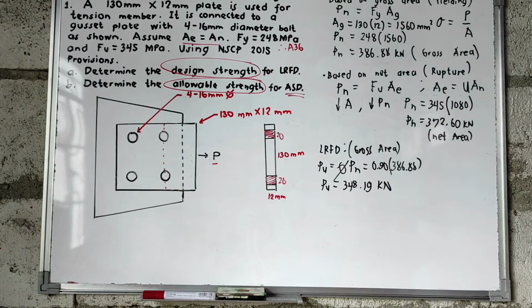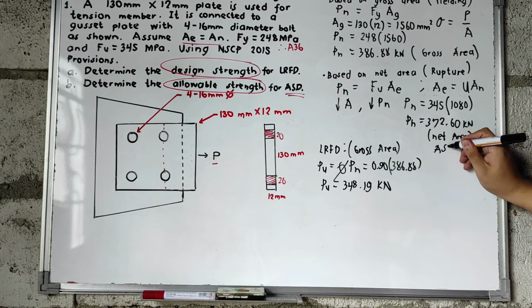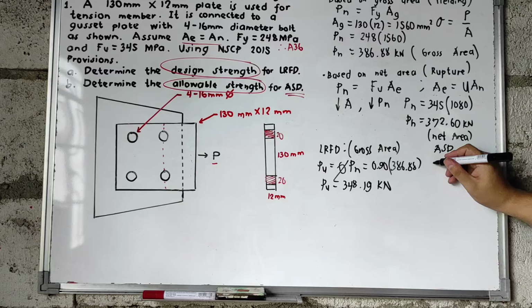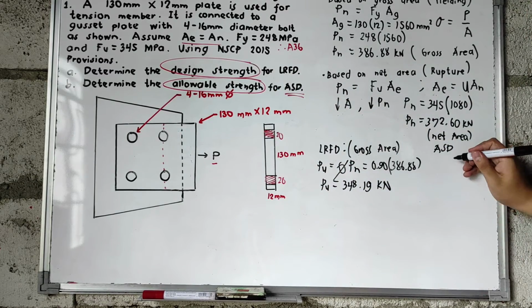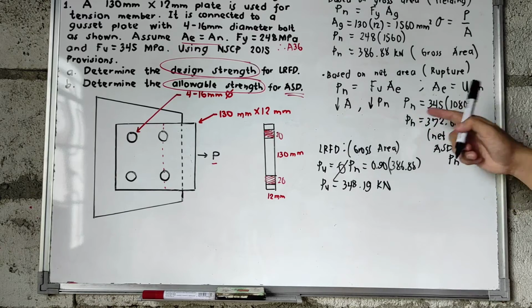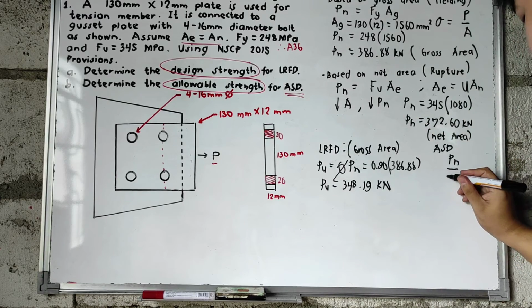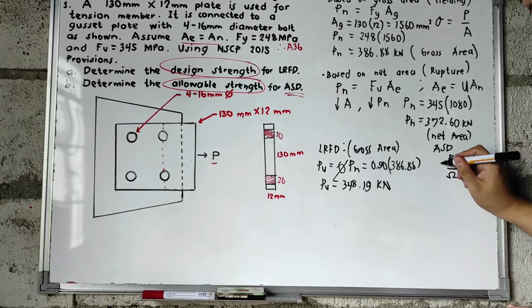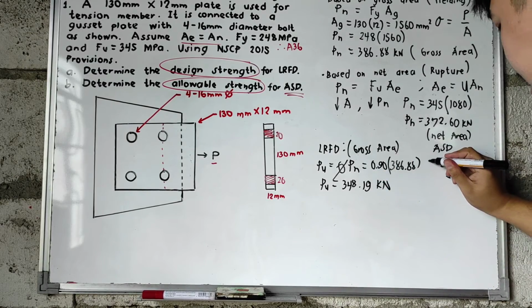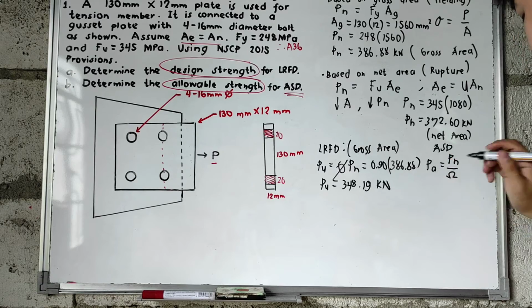kilonewton. And dun sa kabila naman, which is yung ASD naman, so para makuha naman natin yung allowable strength, yung ginagawa natin dun sa nominal na nakuha natin is dinidivide natin yan sa factor of safety. So for this one, ito yung tinatawag natin na allowable strength.